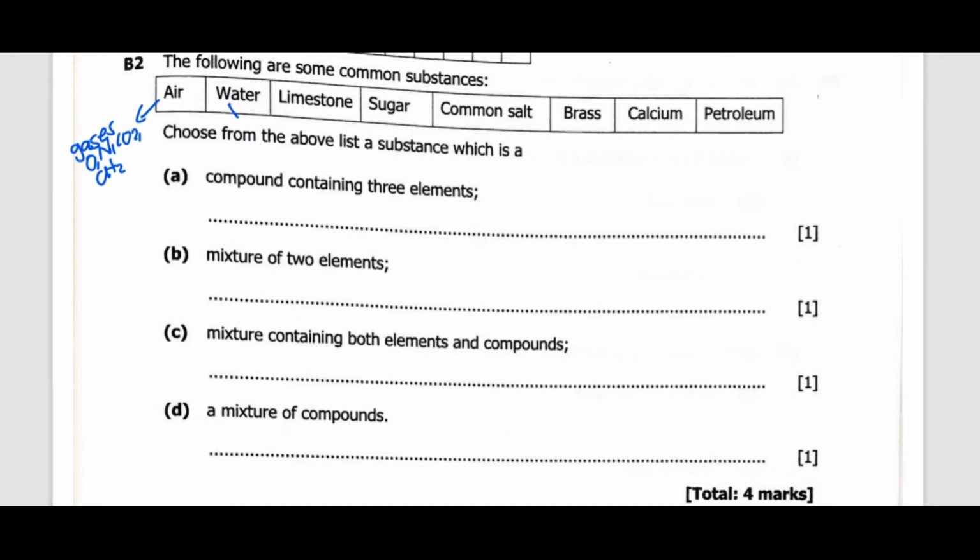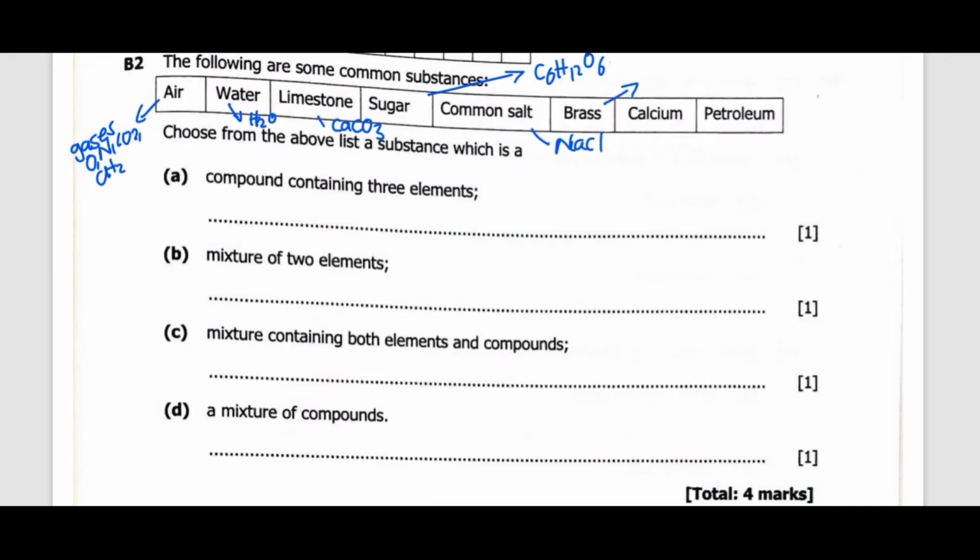Then water, we know water is just hydrogen and oxygen. Then limestone is calcium carbonate, so we have CaCO3. Then sugar, we have C6H12O6. Common salt, we have sodium chloride.